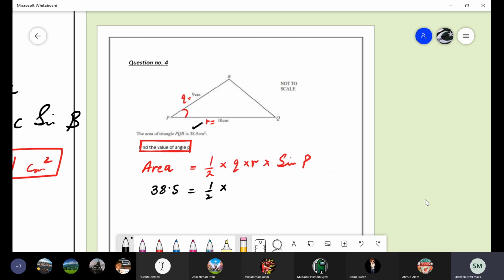So 1 by 2 multiplied by 9 multiplied by 10 multiplied by sine of P. Solve this question, and Ahmad Siddiqui, you have to tell me the answer, beta.